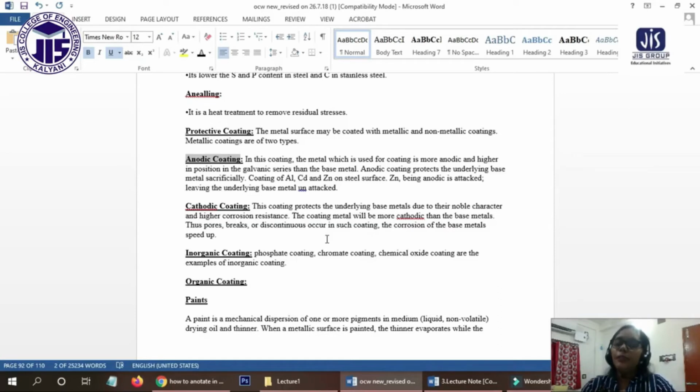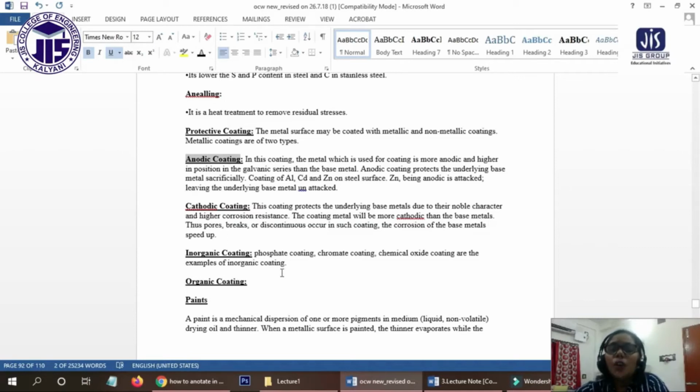Our base metal will be intact. But for cathodic coating, as the coating material has the lower oxidation potential, the oxygen will react with our base metal, not with the coating metal. So in cathodic coating we cannot protect our base metal if we have a fracture. That is why generally anodic coating is preferable.